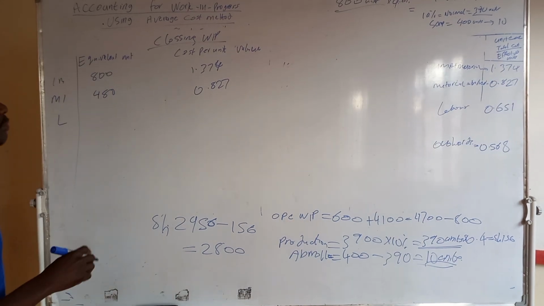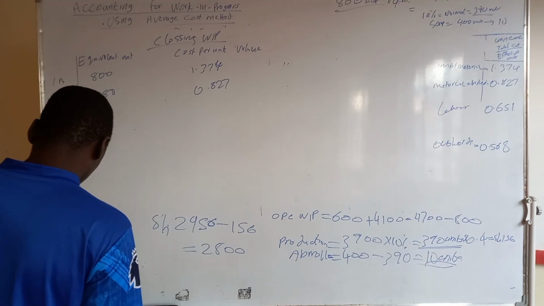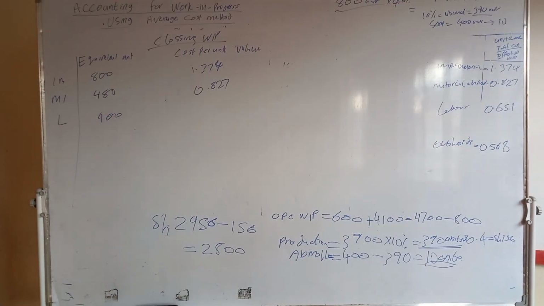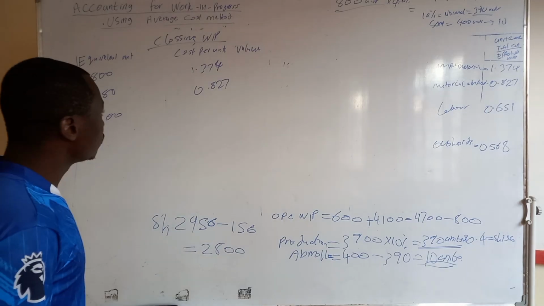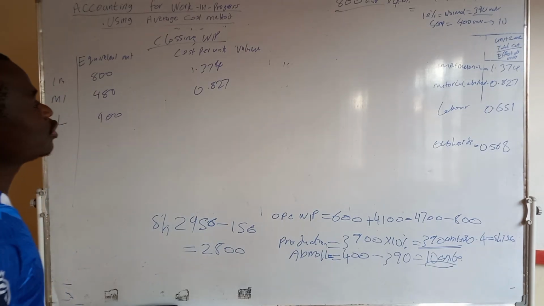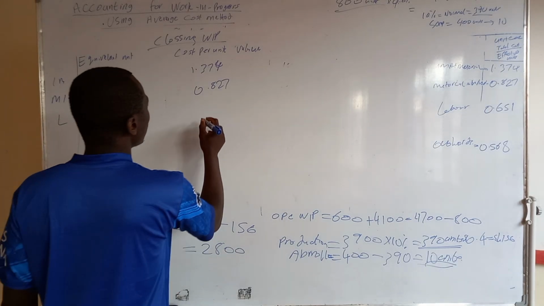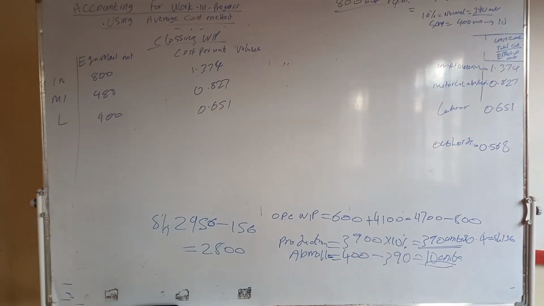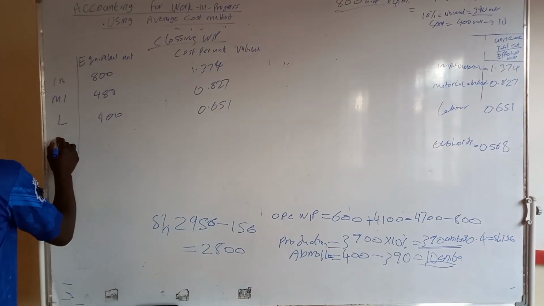Labor equivalent unit is 400, at a cost of 0.651. And then we also had overheads, OH.